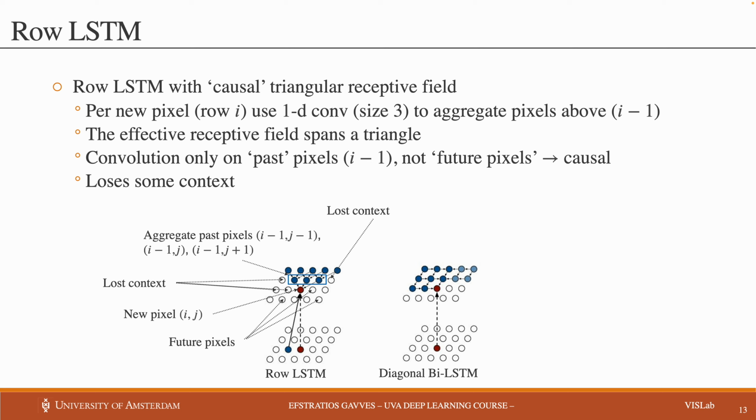It makes sense as far as autoregressivity goes, but from the data perspective, you're losing context, because this pixel value does not depend only on those triangular-shaped receptive fields, but much more on other neighboring pixels.